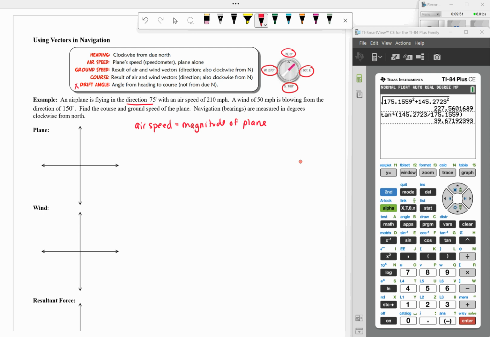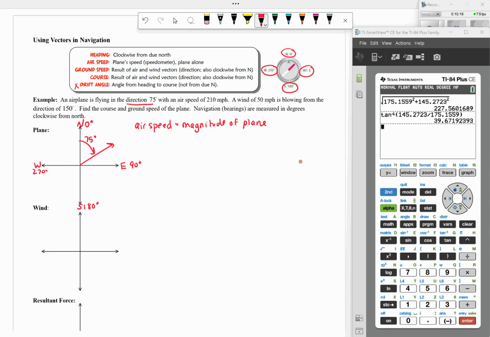So we are talking about, again, from north. So north, east, south, west. Remember, this is 0, 90, 180, 270 degrees. And so 75 degrees from north would be about somewhere over here. This would be 75 degrees.